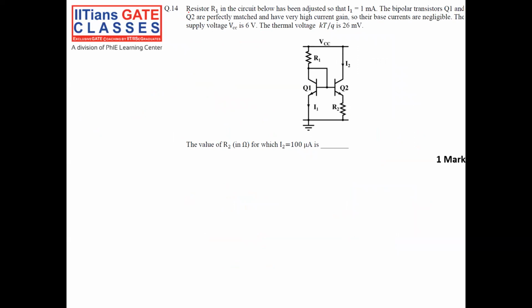The resistor R1 in the circuit below has been adjusted so that my current I1 is 1 milliampere. This current is 1 milliampere, right? And the bipolar transistors Q1 and Q2 are perfectly matched, and have very high current gain. So current gain beta, equal to IC by IB, is very high.